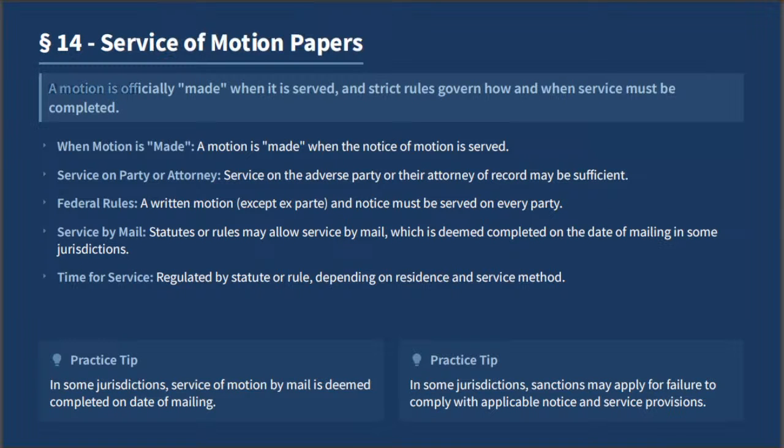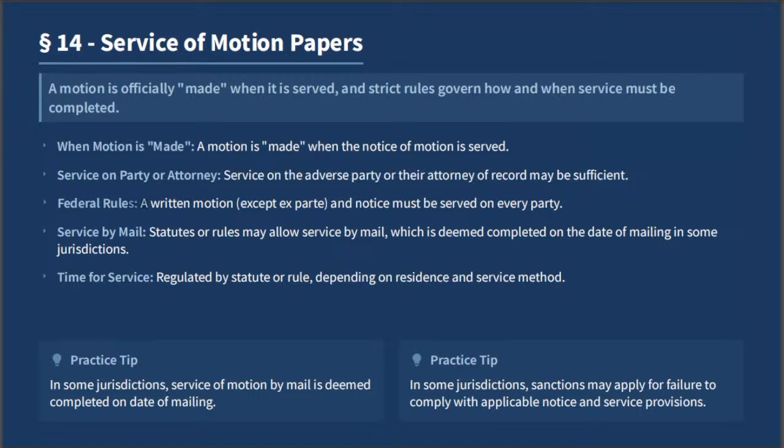Service of motion papers. A motion is officially made when it is served. And strict rules govern how and when service must be completed. When a motion is made, the motion is made when the notice of motion is served. Service on party or attorney. Service on the adverse party or their attorney of record may be sufficient.